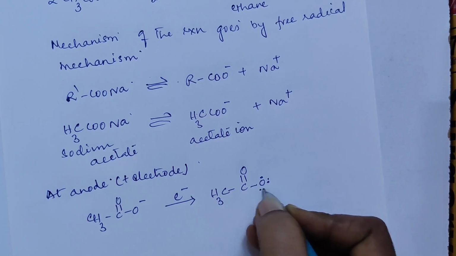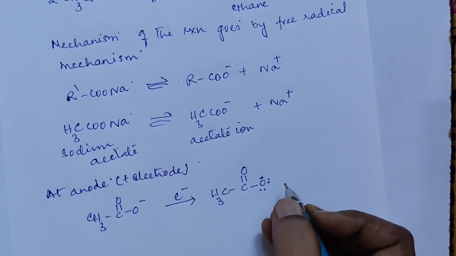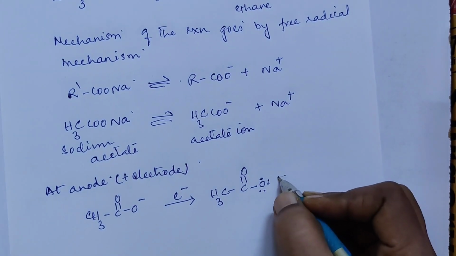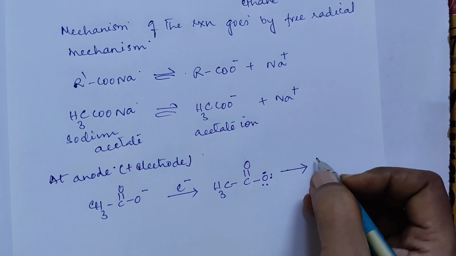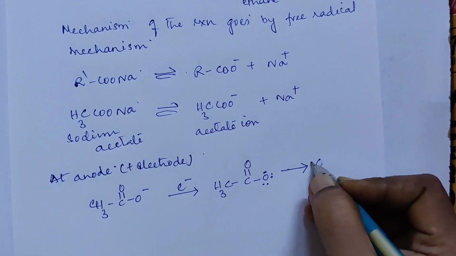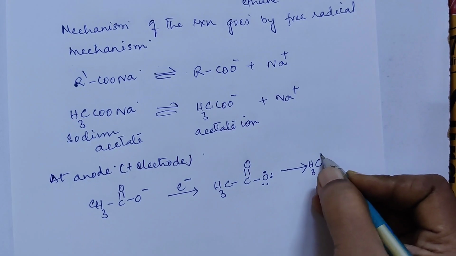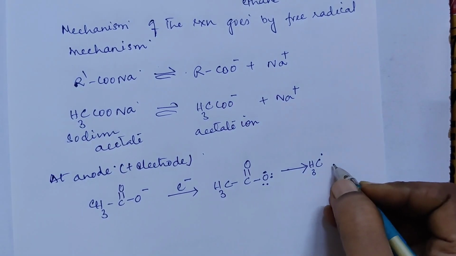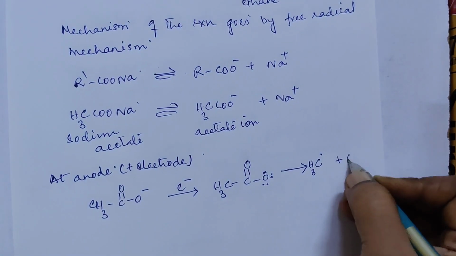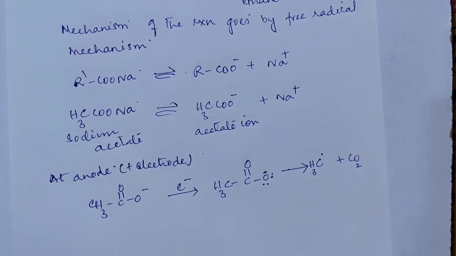There are 2 lone pairs on the oxygen and a single electron, that is a radical. This gives rise to a methyl free radical, and carbon dioxide is evolved.